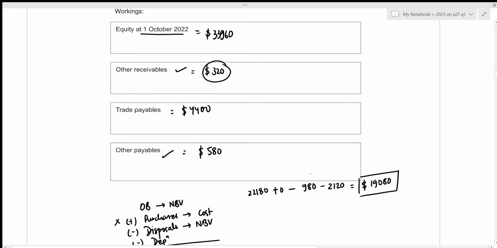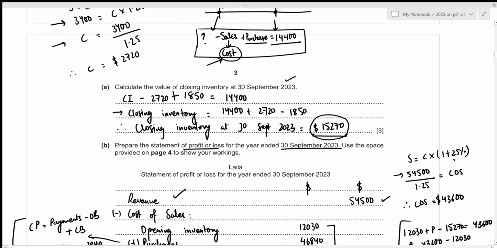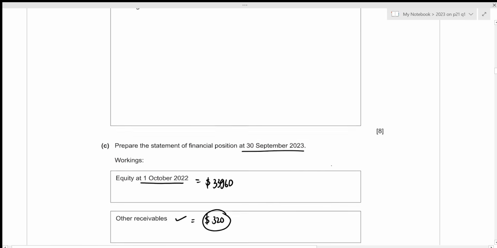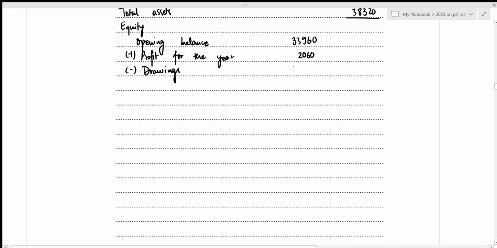Then the drawings were given within the summary of bank statements. The drawings was of 3,850. Let's subtract it. Then we can get the equity at our closing date. So that will be the sum of these three items, 33,960 plus 2,060 minus 3,850, which results in 32,170.